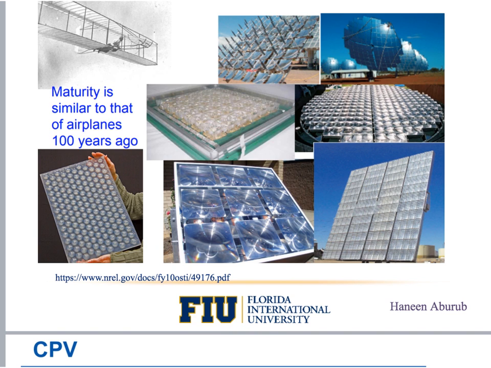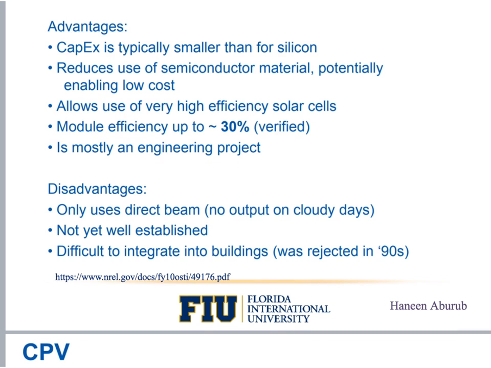Now let us move on to the last type of solar PV technology, which is the concentrator technology, which we will talk about more when we cover solar thermal in part 2 of this module. This kind of technology has been mature for almost more than 100 years. The advantages of such a technology are that it's cheap compared to crystalline silicon, and its efficiency is really high.